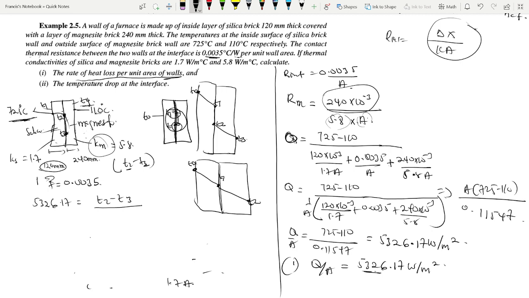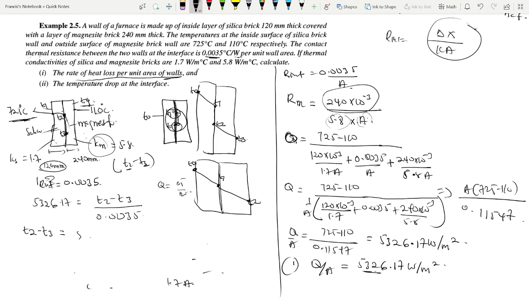Because we know that our heat is actually equal to temperature drop all over the resistance, right? And then we put our thermal resistance there. So the resistance at the interface was 0.0035. So we put that there, T2 minus T3, and equate them.